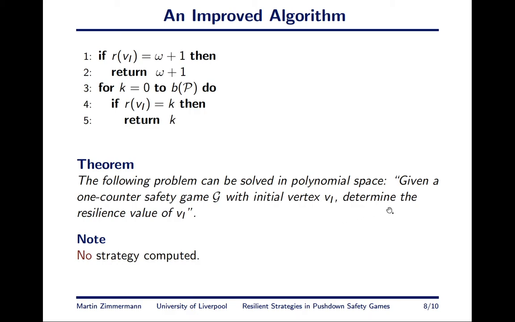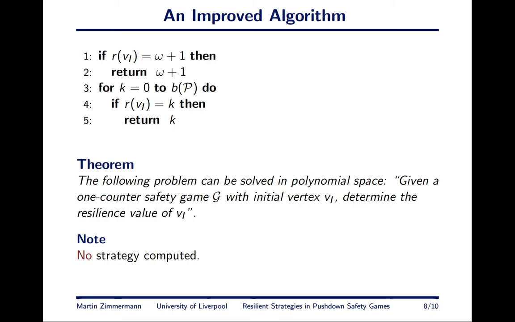You can determine the resilience value of the initial vertex in a one-counter safety game in polynomial space. So that's quite an improvement over the naive result. And this only works because we have, in this case, an exponential upper bound on the resilience value. So it's a bit smaller than in the general case.